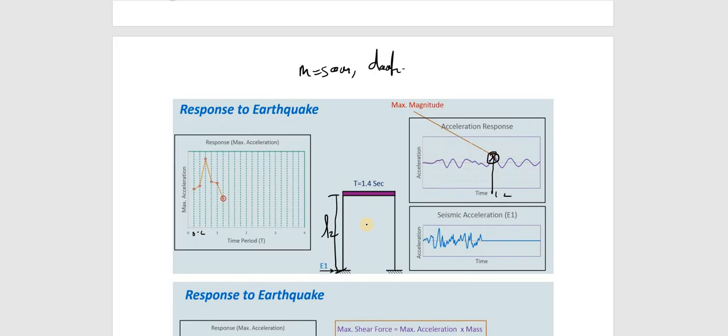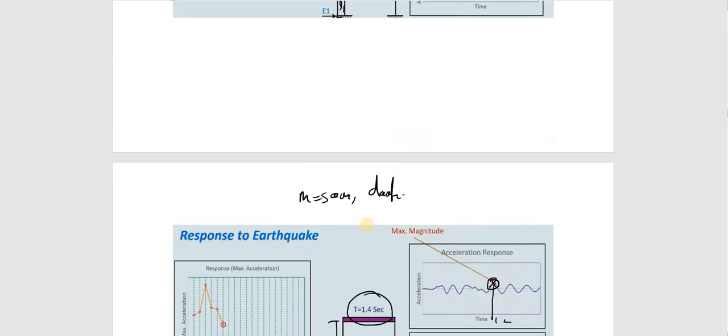So what I do is that I will be changing the height. So as the height increases, what will change? The natural time period will change. For a particular building with the same mass and damping, we are just increasing the height. So as the height increases, the time period will be changing. So at each natural time period, we will be getting some maximum acceleration. So I will be getting a lot of curves.